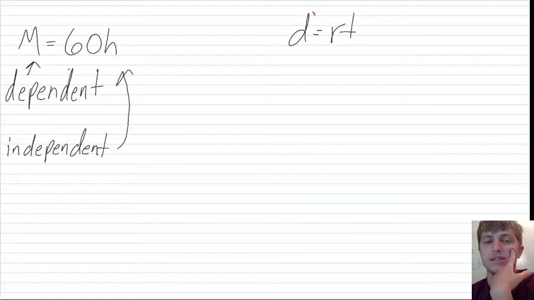So distance is our dependent variable, and rate and time are our independent variables. We can also tell because distance is by itself. Whenever a variable is by itself, it is almost always our dependent variable.